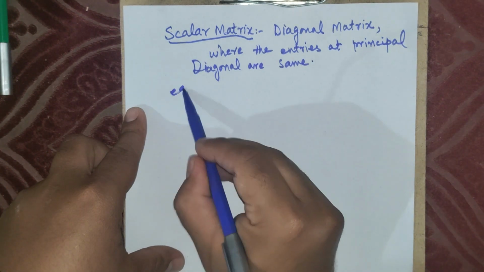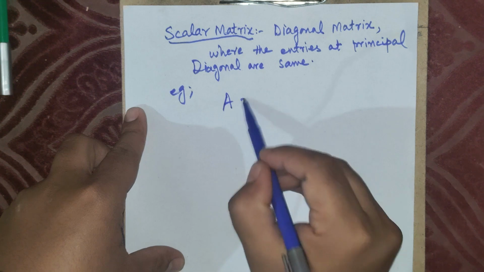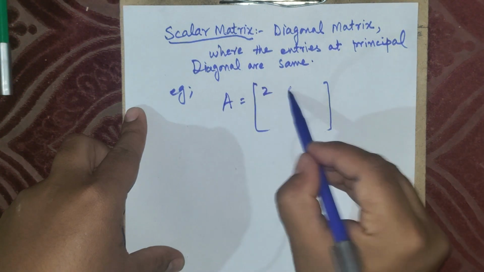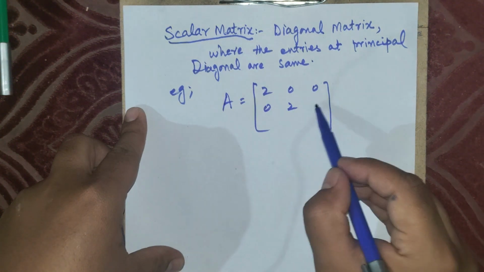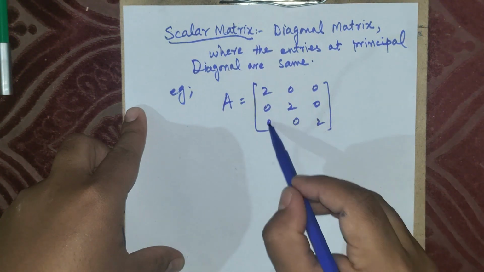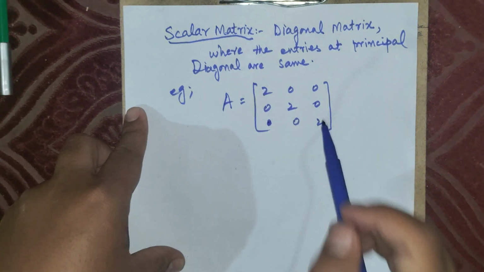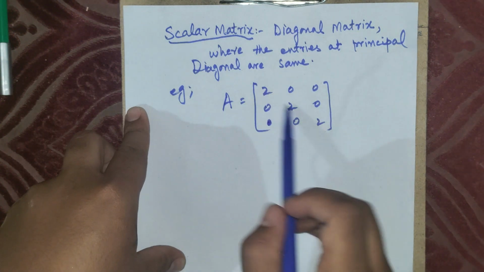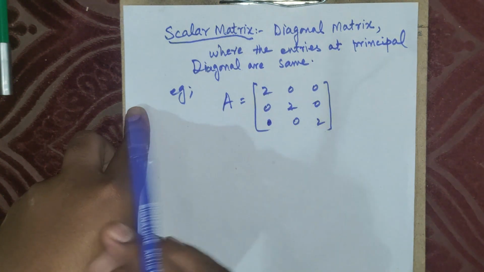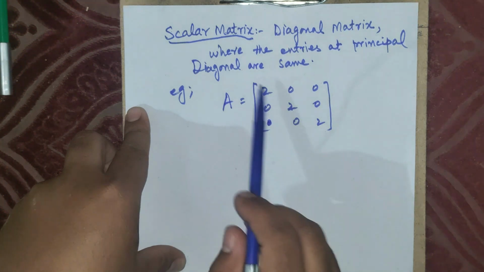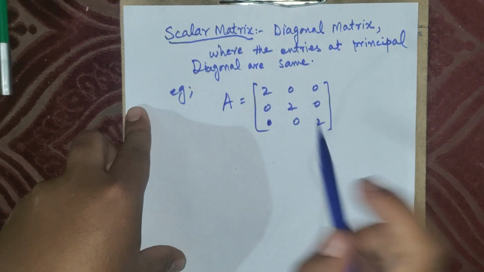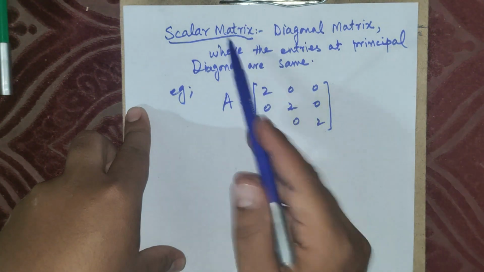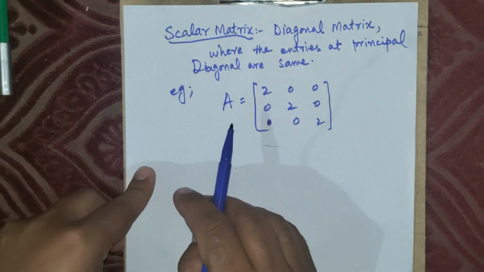For example, A is equal to 2 0 0 0 2 0 0 0 2. So here at the principal diagonal the entries are the same, which is 2. If the entries are the same, it will be called a scalar matrix. If they are not the same, it will be called a diagonal matrix only. Now this matrix is a scalar matrix as well as a diagonal matrix.